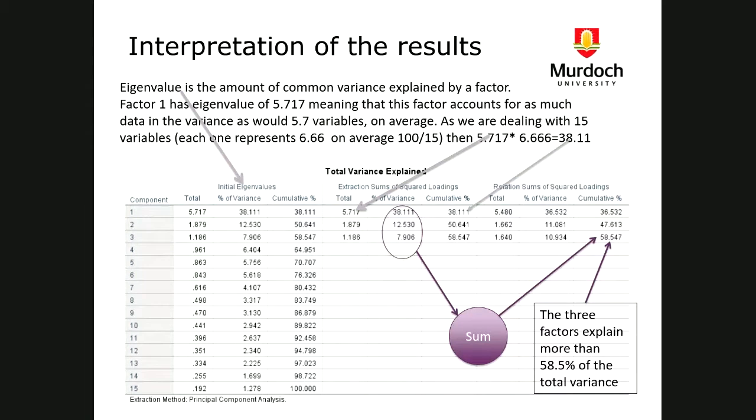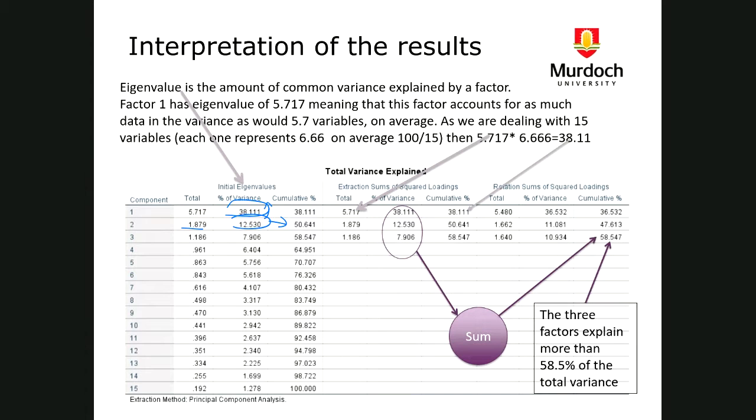Because the first one has a greater eigenvalue, it can explain 38.11% of the total variance of the 15 variables. Now, if we go for the second one, it has 12. But if you add 12 to 38, what do we have?